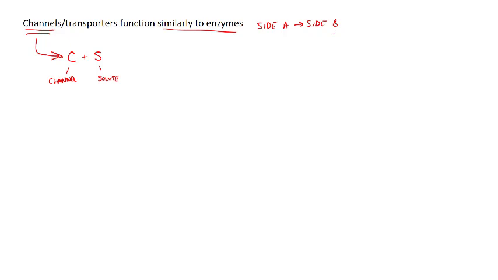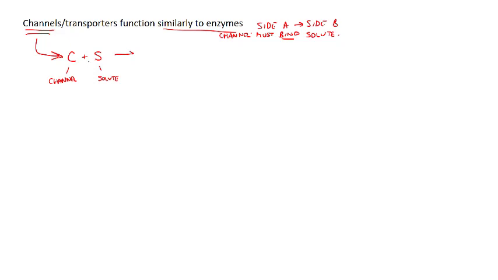So in order for the channel to catalyze transit of a solute across the lipid bilayer, the channel must bind the solute.